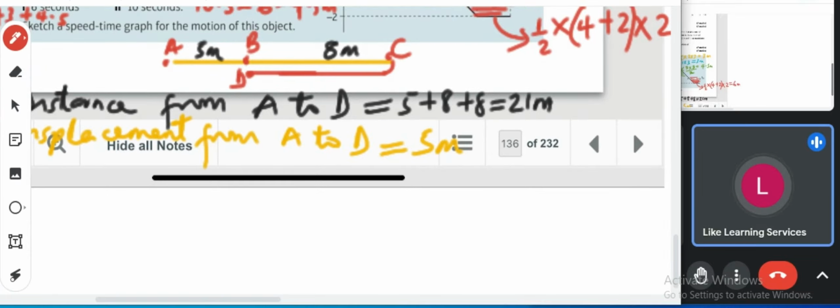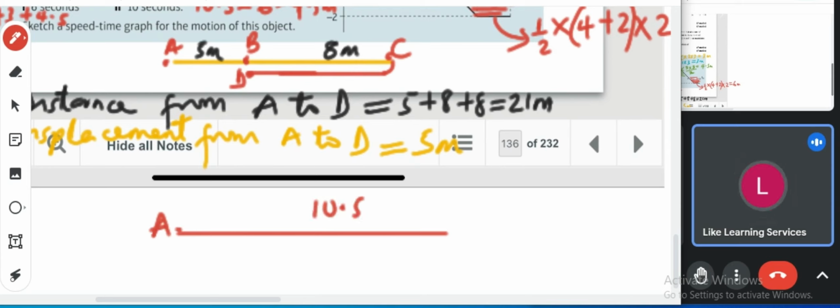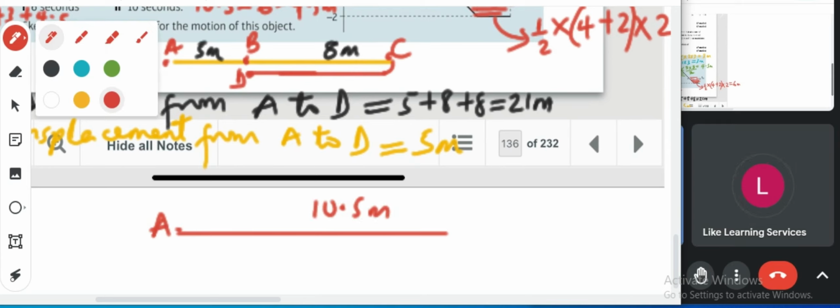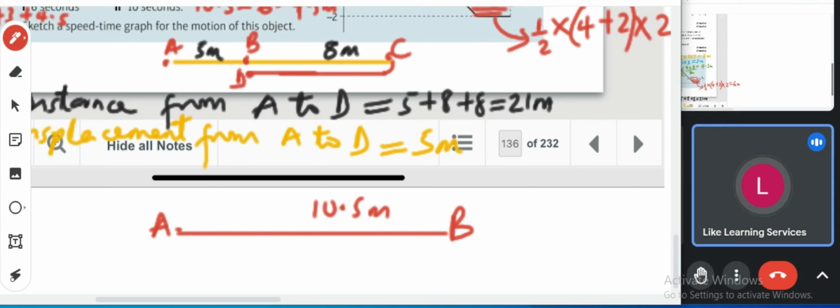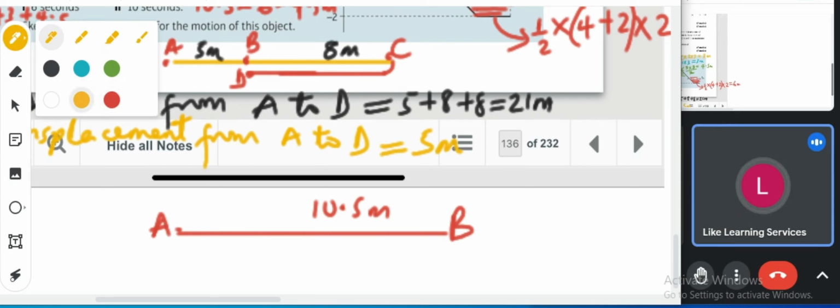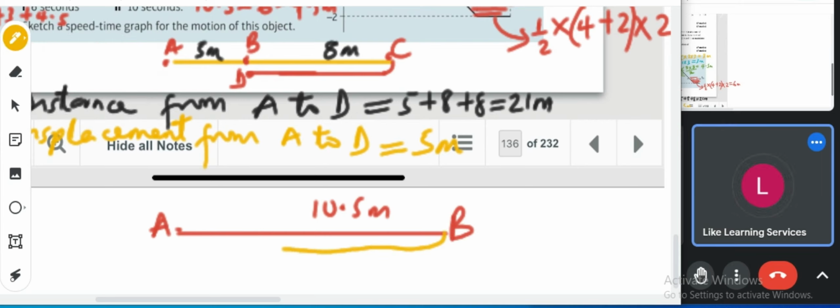If someone walked 10.5 meters from A to B, then from B walked backward by 6 meters to come to C.